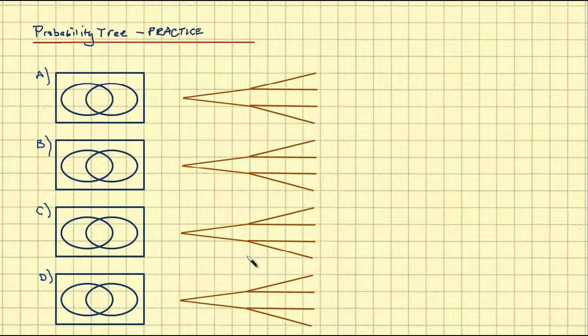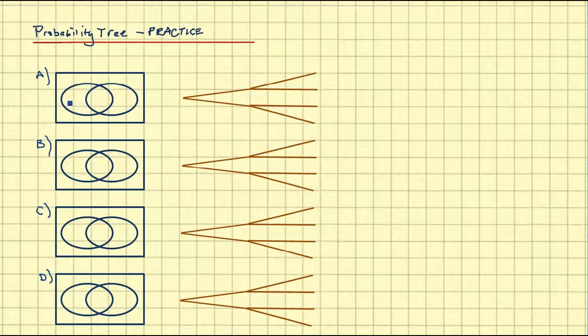Now you could come up with your own numbers. All you need to do is think of some likely fractions and then combine them together and fill in the tree diagram. So you could develop your own exercises, but for the purpose of this video, let's start with these numbers like this.